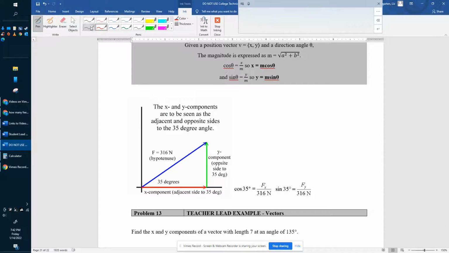So when we do that, we know 35 degrees, we know the hypotenuse. So what two trig functions do we use when we know the hypotenuse? Cosine and sine. Sine will give us opposite, cosine will give us adjacent. Adjacent is our x component, so that's why we use cosine. Y is our opposite component, and that's why we use sine.